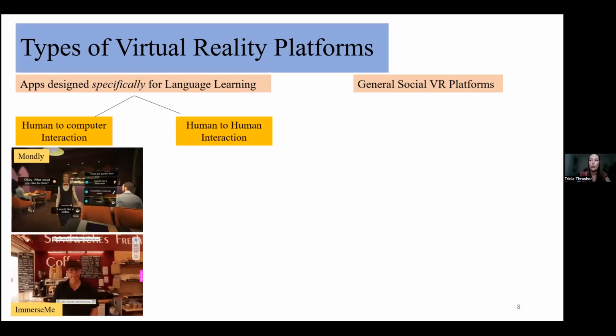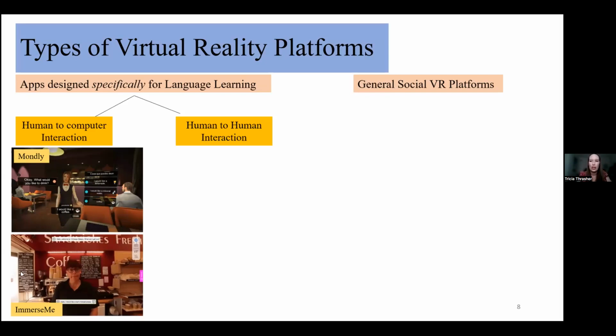So here are two examples, really the only two examples of the human to computer interaction VR apps designed for language learning. I will say people are constantly developing more, but these are the two that I've seen that are actually built out that could add some value. You have Mondly, which is about, I want to say, $10. It's more affordable than ImmerseMe, which we'll look at in the following slide.